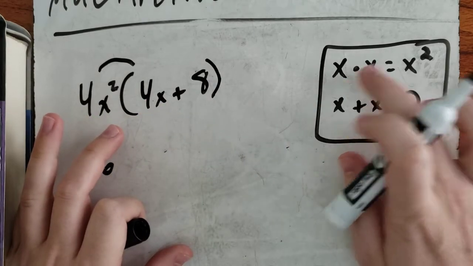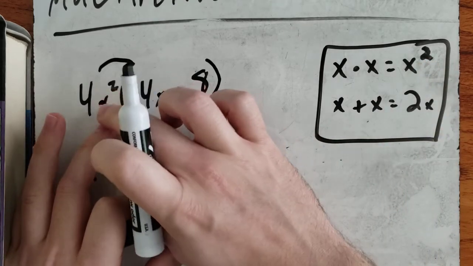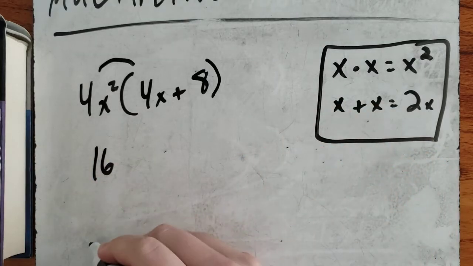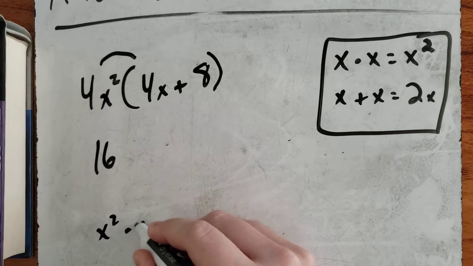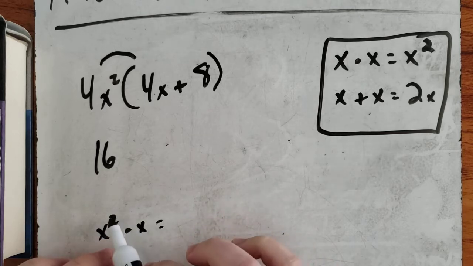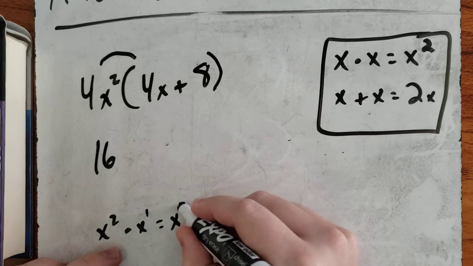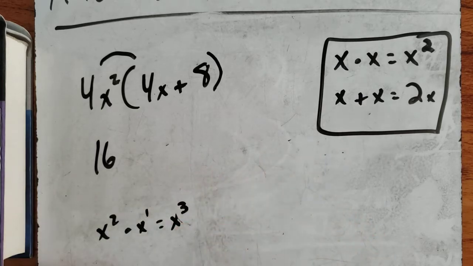Remember, when you're multiplying, you have to do the exponents, okay? So if you have x squared here and x here, remember you're doing x squared times x. When you do this, you're adding the exponents. You have x2 here, x1 here. You're left with x to the third.